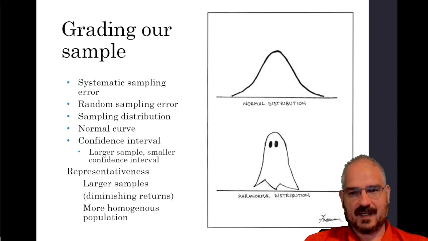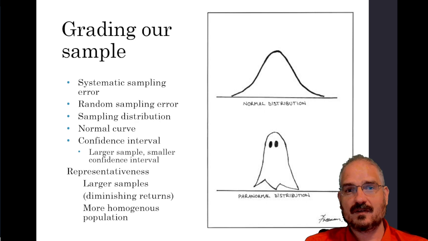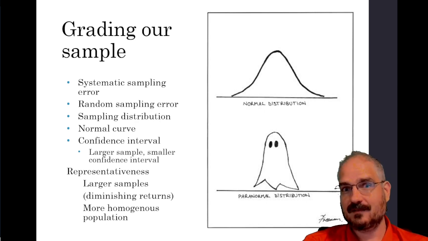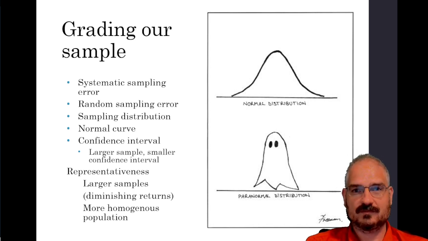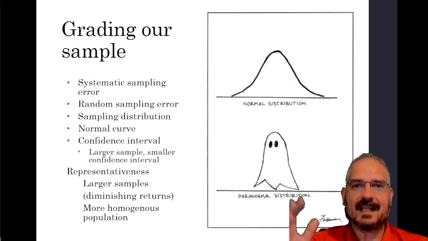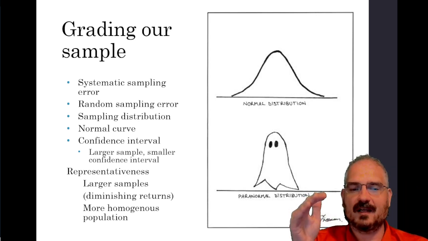And our confidence interval says we're 95% sure it's 52% plus or minus, say, 3%. So in this case, we'd have a confidence interval of 95% at 3 percentage points. We can get that confidence interval smaller with a larger sample size.